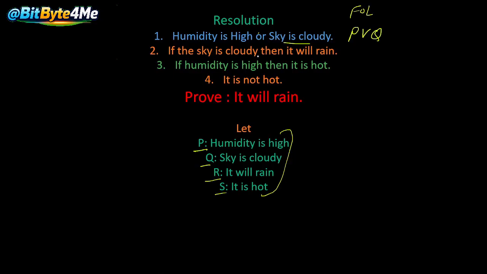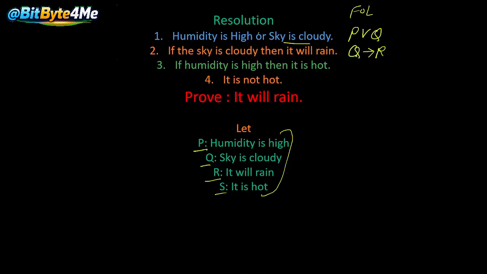Then, if the sky is cloudy, then it will rain. Sky is cloudy means Q, then it will rain means R. So it is conditional: if this is true, then this will be true. So we will put the implies sign.